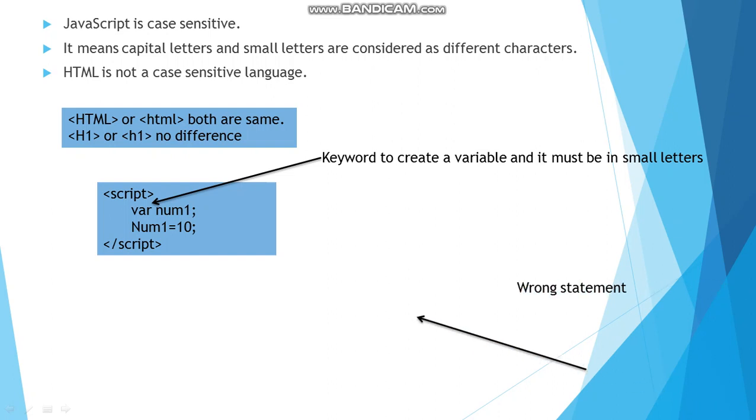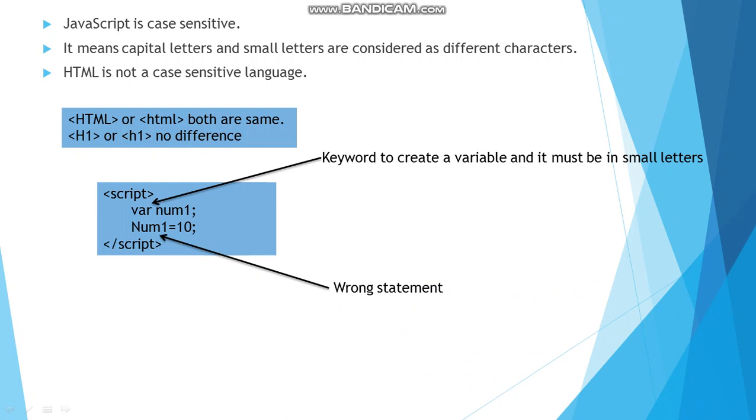This statement is wrong. Actually it will take both these variables as different. Small num1 is different and capital Num1 is different, so here it will create a mistake. So if you want to use this small letter num1 variable, then the same way you have to give the name, because JavaScript is case sensitive.